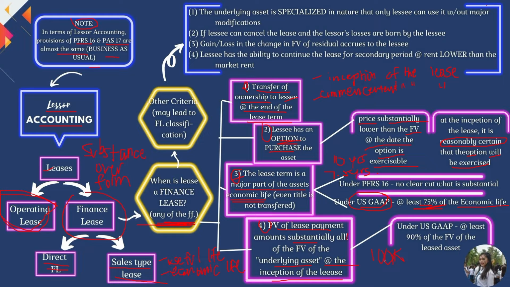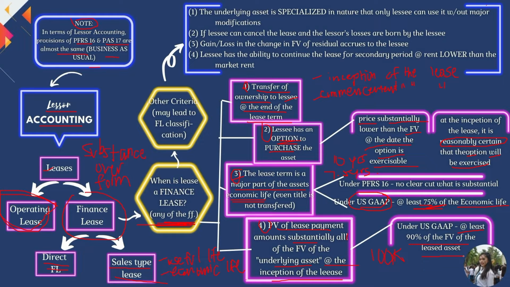Now, wala gi-mention nga rolling or provision si PFRS 16. But si US GAAP naa. Ingon siya, at least 90% of the fair value of the leased asset ang katong payment.